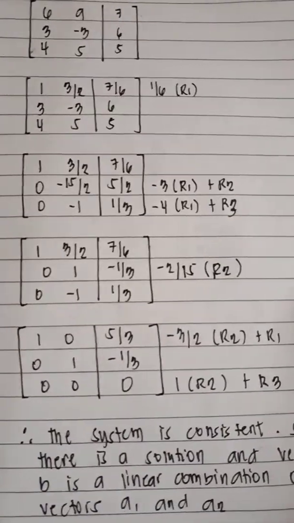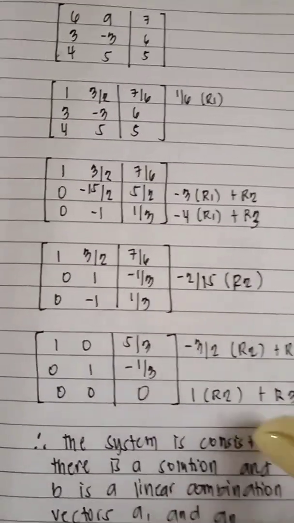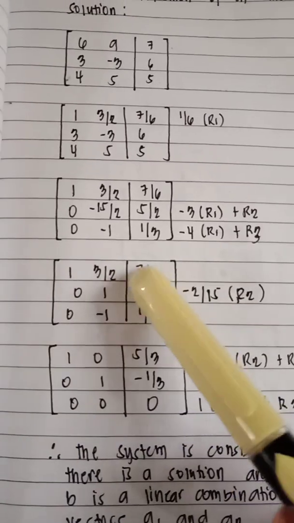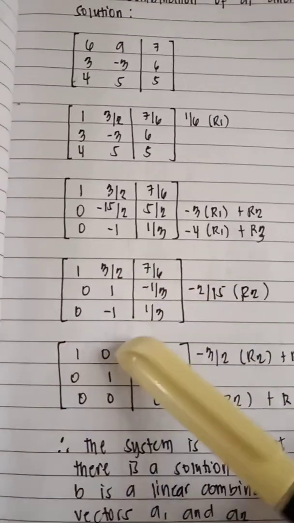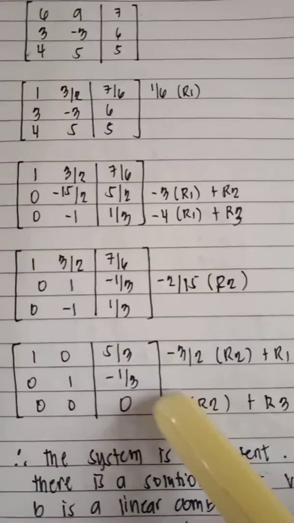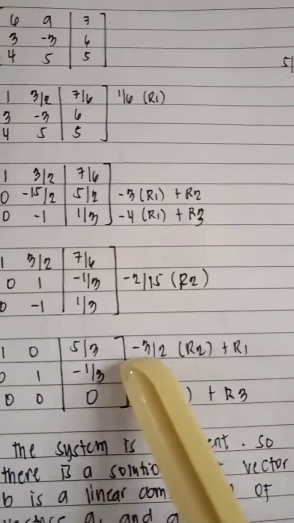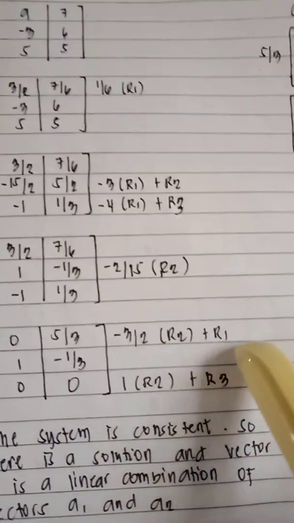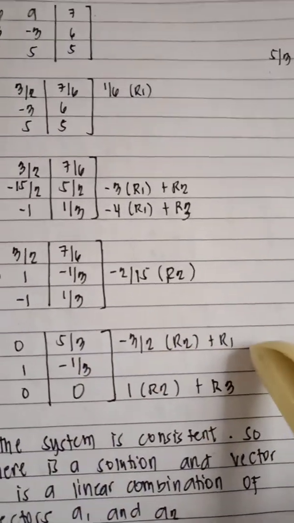So, let's proceed to making this 3 over 2 and negative 1 into 0. To make this 3 over 2 and negative 1 into 0, we will use the formula negative 3 over 2 times R2 plus R1. This formula is for row 1.